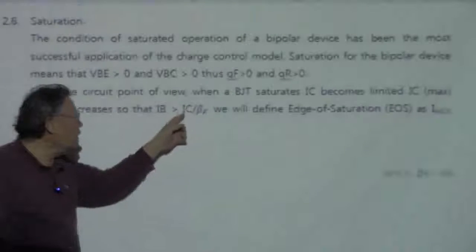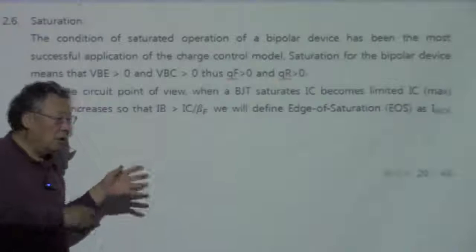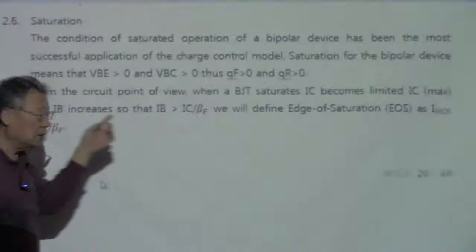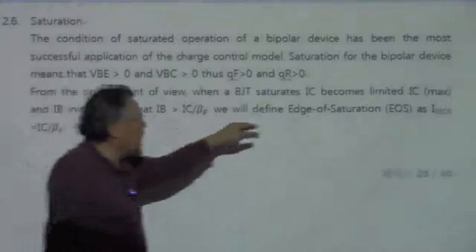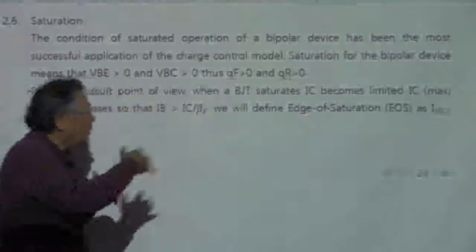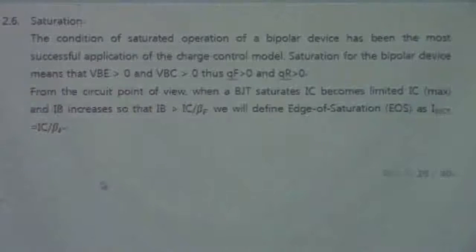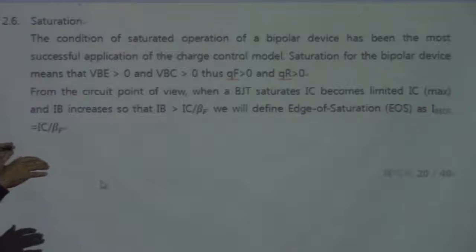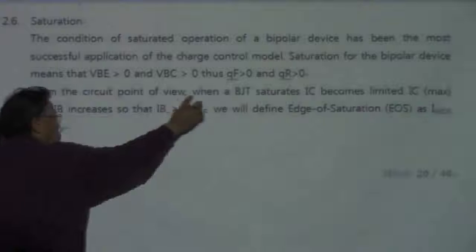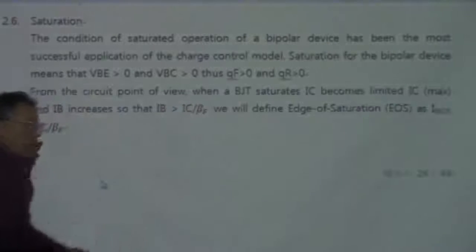So the output has to be the input times the gain. That is the definition, right? Now, the edge of saturation means that beyond this voltage the current is not increasing, and the edge is the voltage that we can have in these relations, right. Okay.